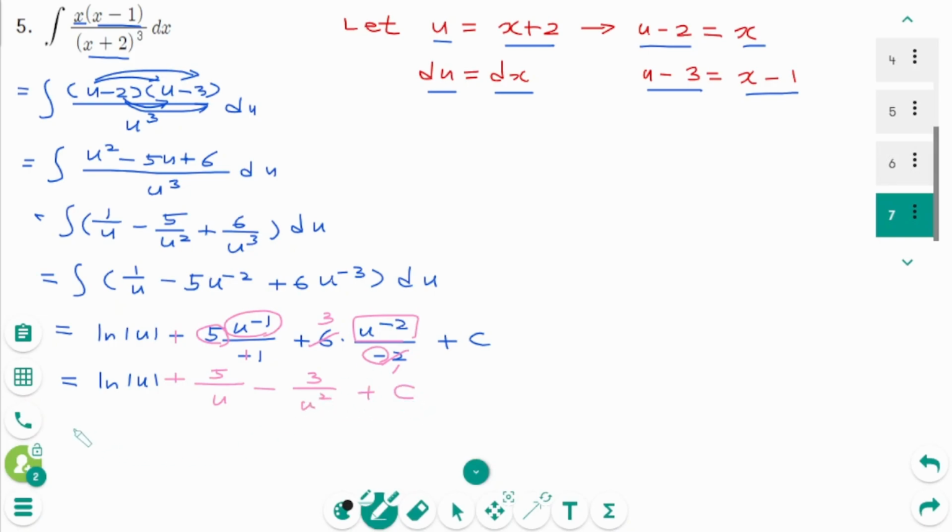Then back to the original value x. At an absolute value, u was x plus 2, plus 5 over x plus 2 minus 3 over x plus 2 squared plus c.